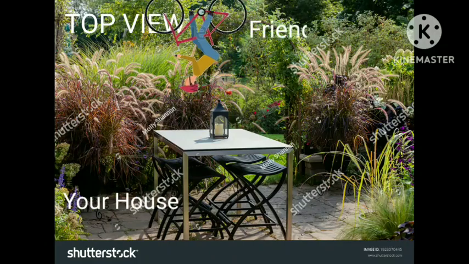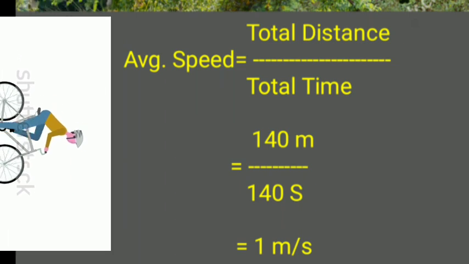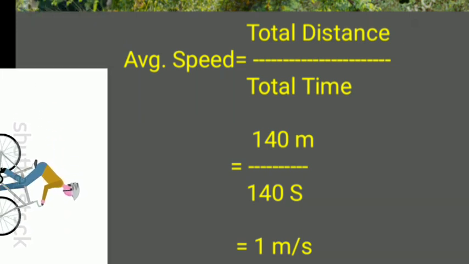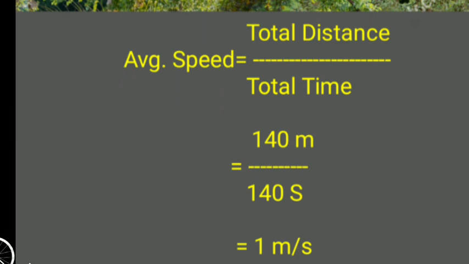Here speed is distance by time, so the average speed is total distance by total time. And what is the total distance here? It is 140 meter. And what is the total time? It was 100 seconds plus 40 seconds. So your average speed works out to be 1 meter per second.